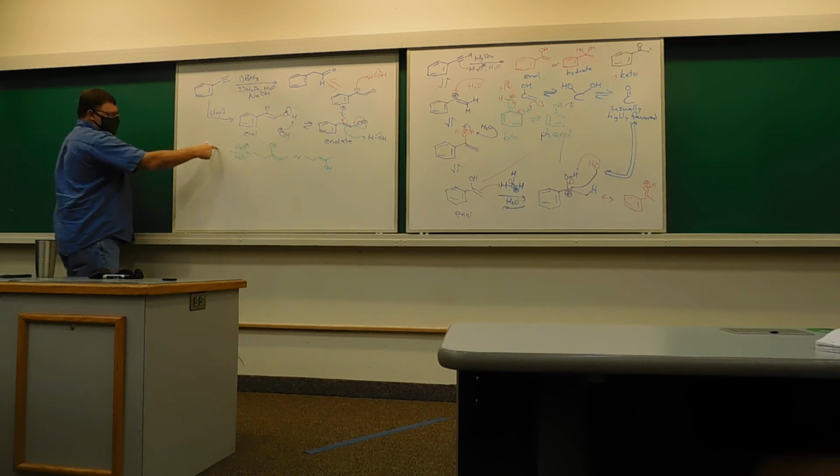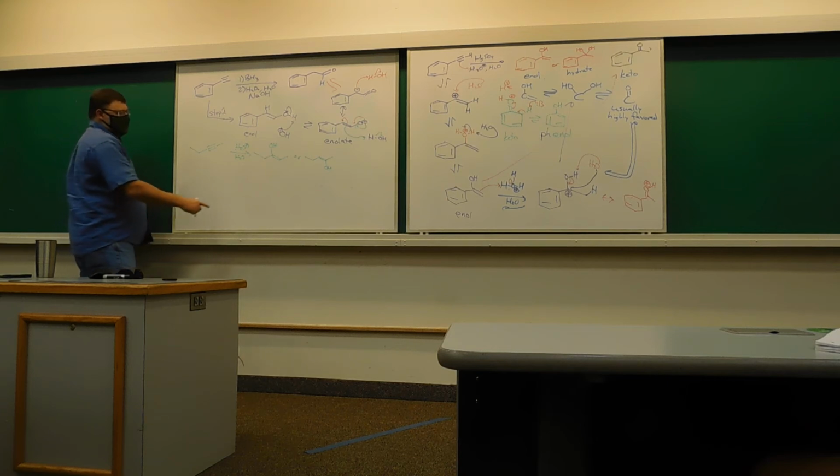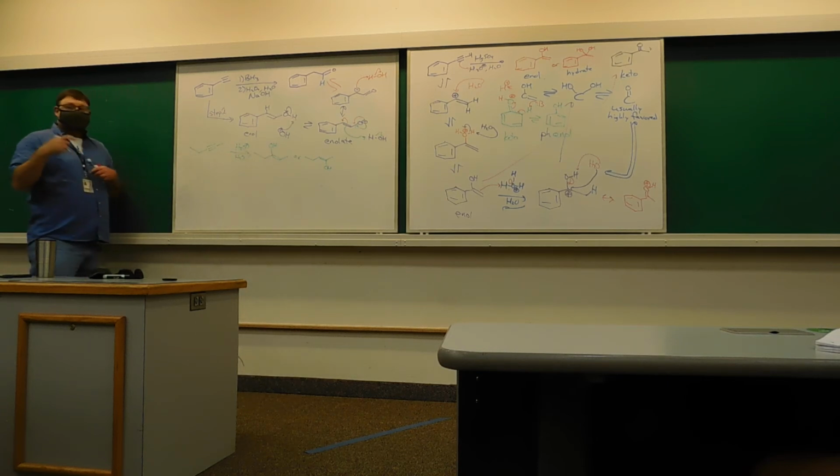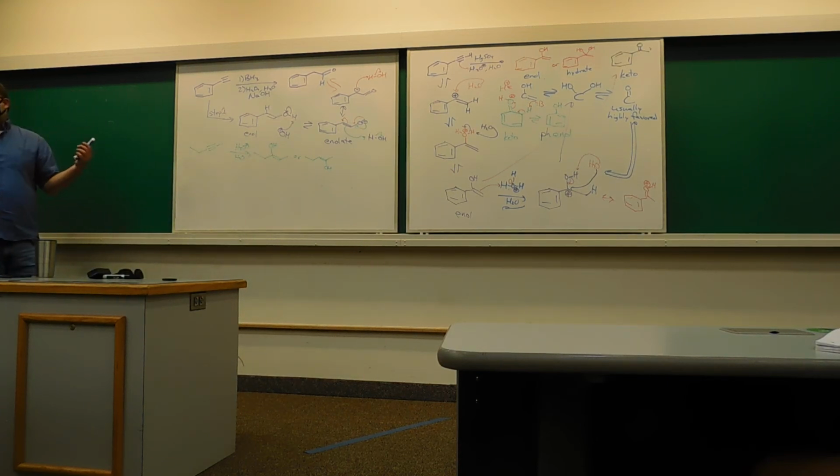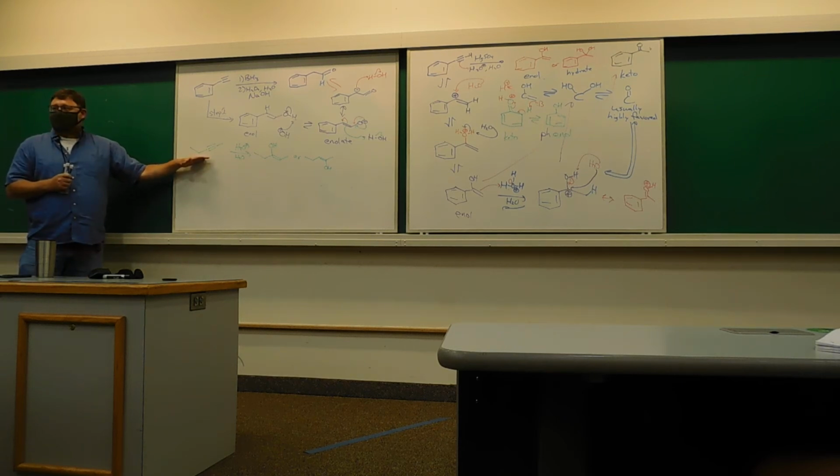Secondary cation, they're basically the same. So you'll get two different enols, which means you'd get two different ketones. There's no way to separate that. So neither of these are real good reactions if the alkyne isn't really unsymmetric. This is an unsymmetric alkyne, but not enough to make one cation better than the other.